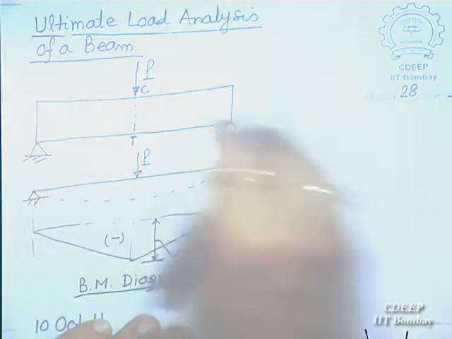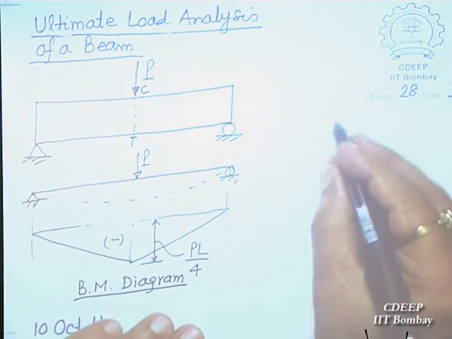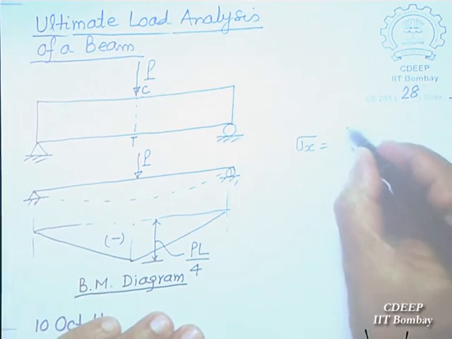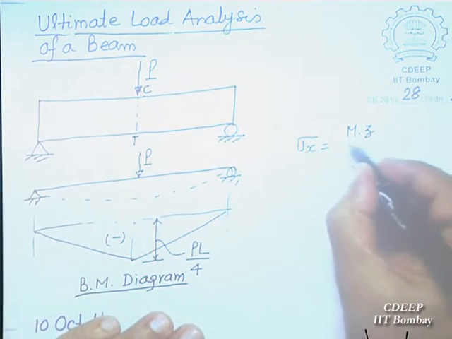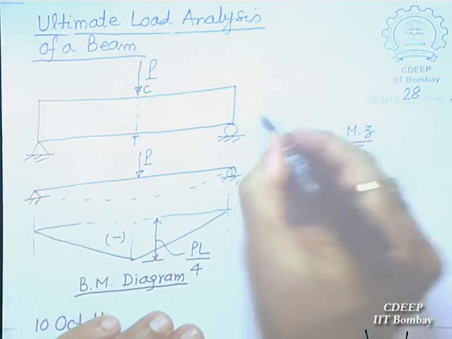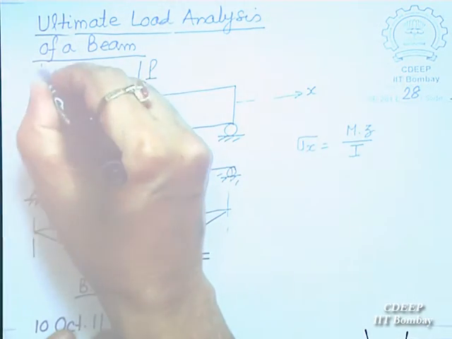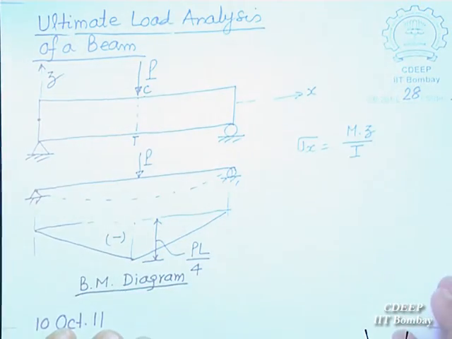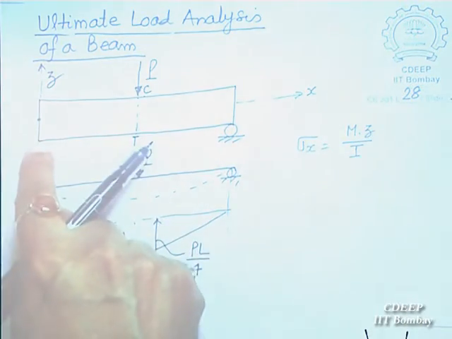So sigma x, we can find out sigma x. Sigma x will be M into z by I. Later on you may ask me how come I have drawn an x-axis and the support is here.